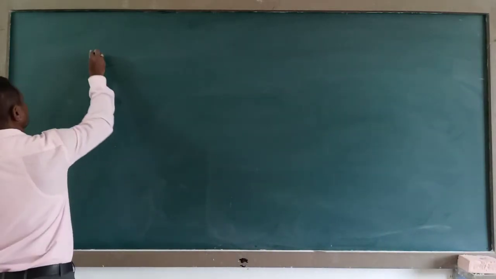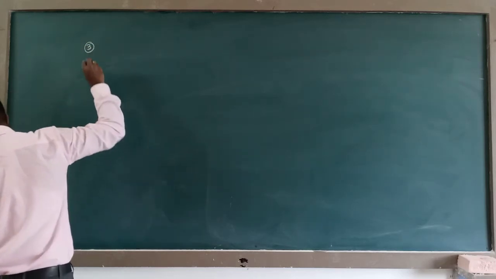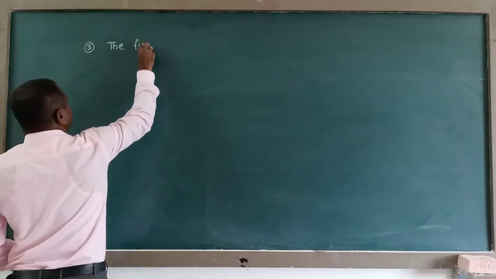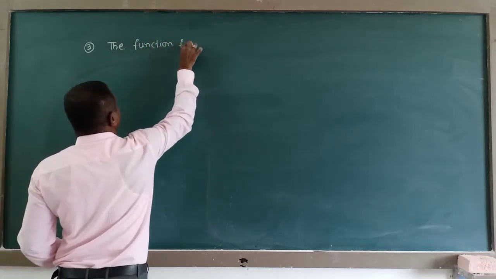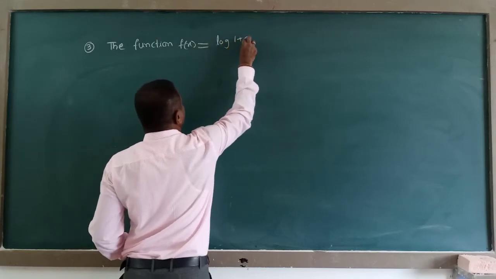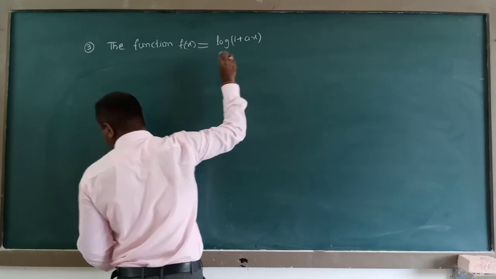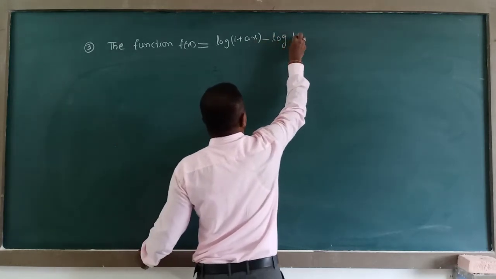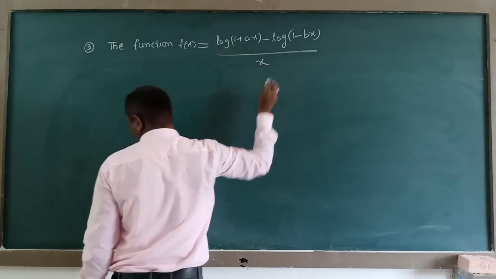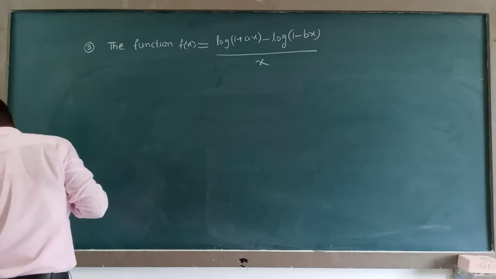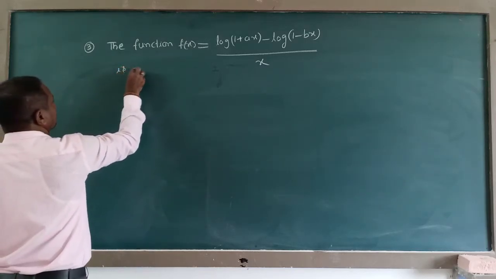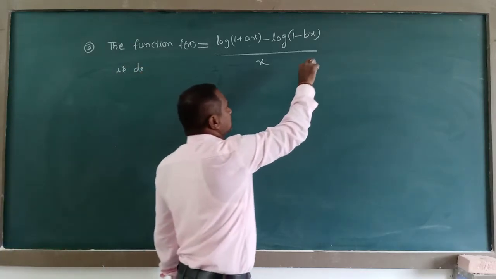Third question is: the function f of x is equal to log of 1 plus ax minus log of 1 minus bx, whole divided by x, where x is not equal to 0.